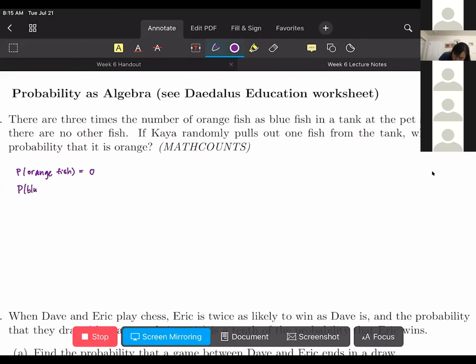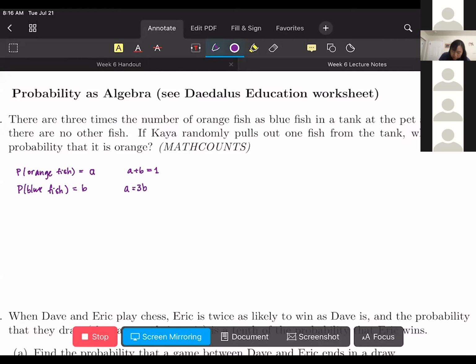So if we write the O plus B equals 1 equation again, we can replace O with 3B and add it to B to make it 4B. So that's going to be 1/4 for a blue fish, the probability of a blue fish. And if the probability of a blue fish is 1/4, then the leftover probability is 3/4.